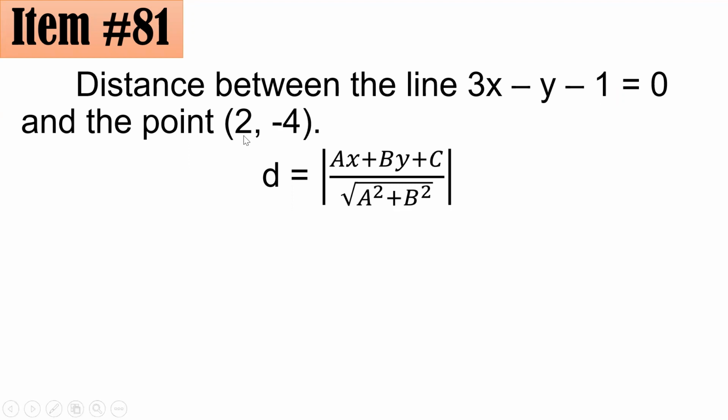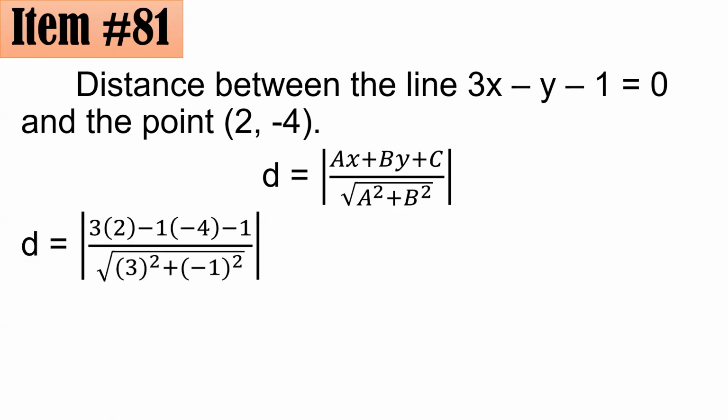This 2 is your x, and -4 is the value of your y. So, by substitution, we get 3 times 2 minus 1 times -4 minus 1 all over the square root of 3 squared plus -1 squared, because a is 3 and b is -1.